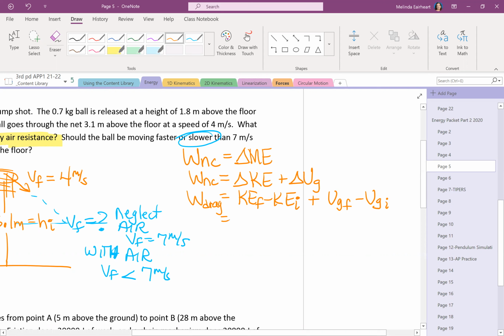And so each kinetic energy, 1/2 mv squared. I'm using my subscripts. Potential energy due to gravity, mg hf minus mg hi.